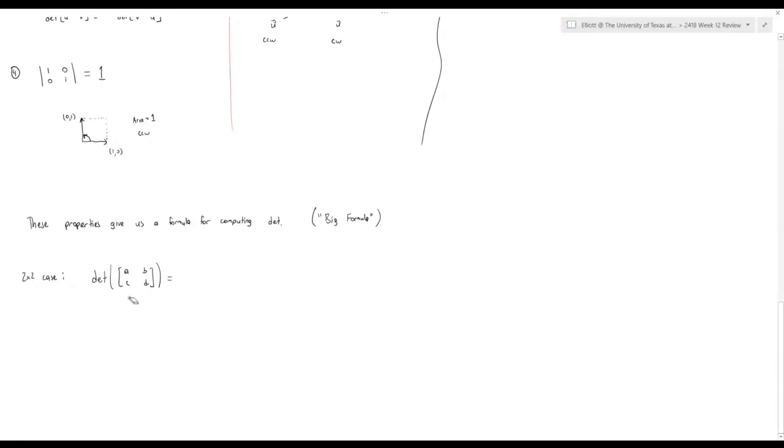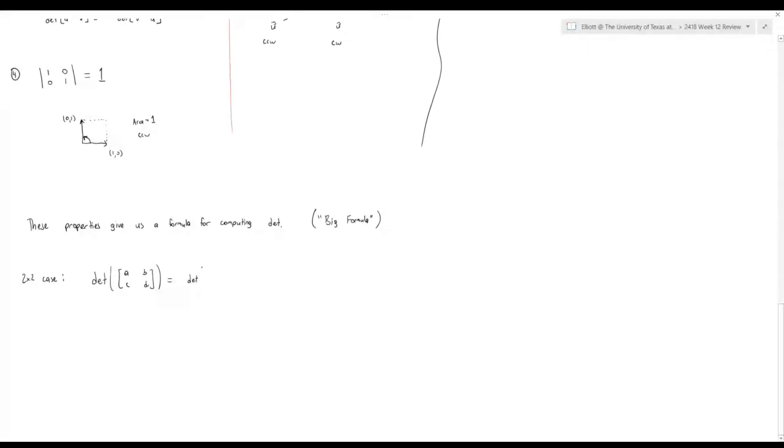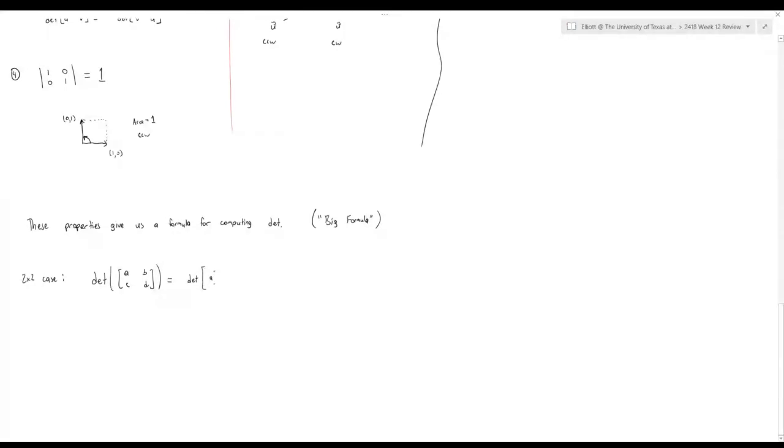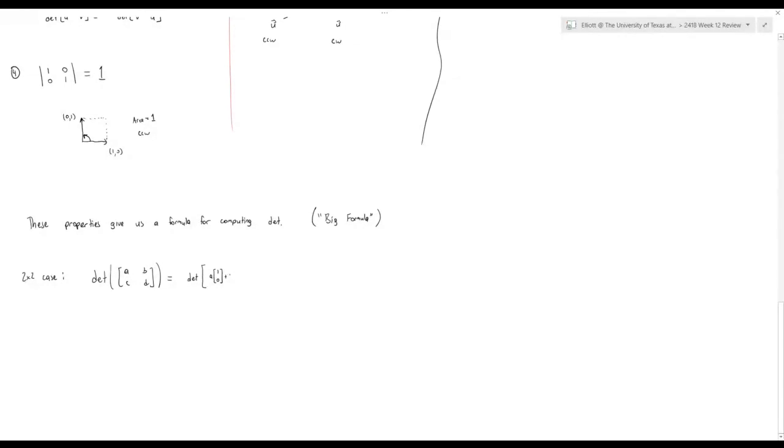The first column is the vector AC. I'm going to rewrite that first column as a linear combination: vector AC is A times (1, 0) plus C times (0, 1).